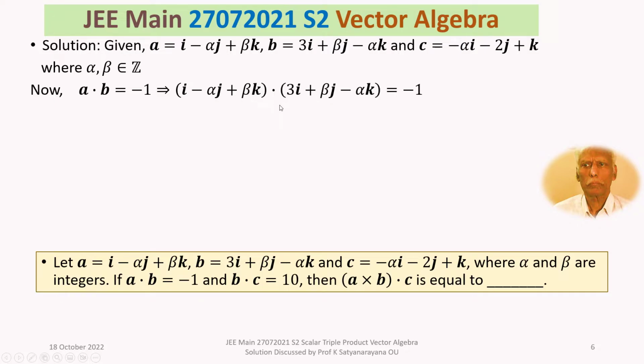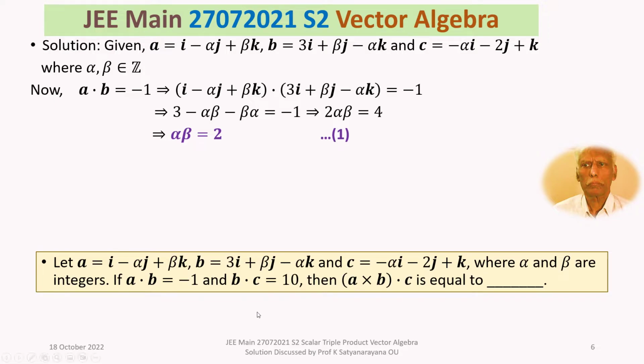Take the dot product: 1 into 3, minus alpha beta, minus beta alpha, equal to minus 1. That is 3 minus alpha beta minus beta alpha is equal to minus 1, which gives 2 times alpha beta is equal to 4. Therefore, alpha beta is equal to 2. Let's call this equation 1.